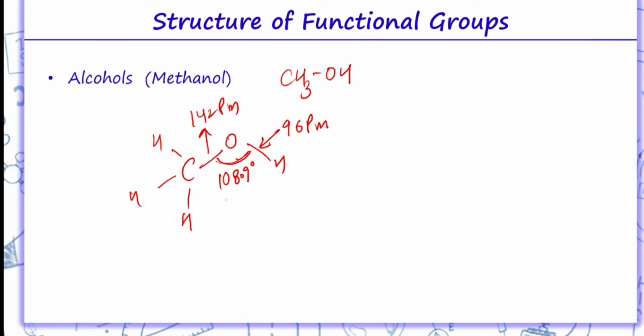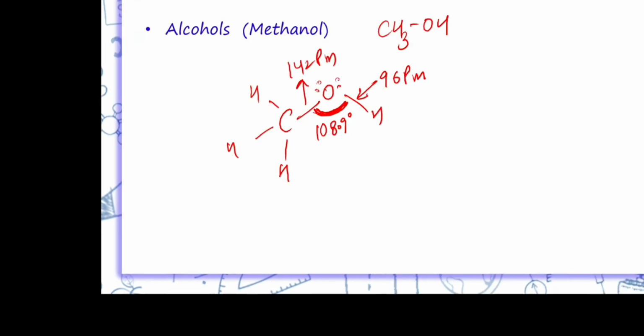Why is it so? It is because of the repulsion between the unshared electron pairs of oxygen. Because of this only, this bond angle is slightly less than that of tetrahedral.